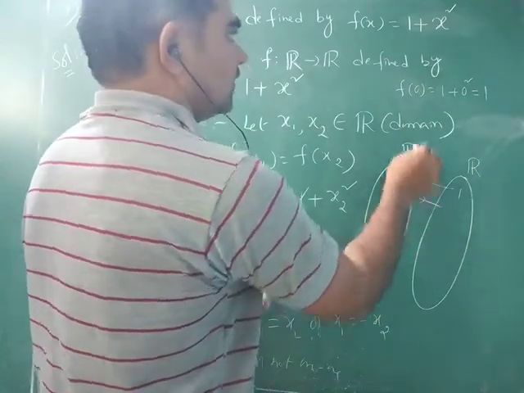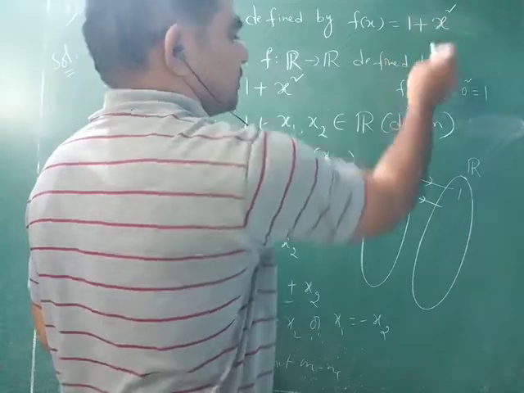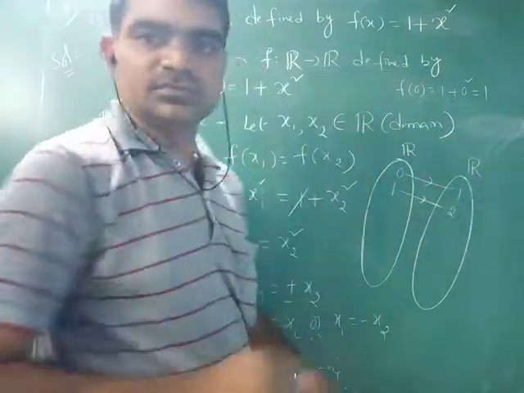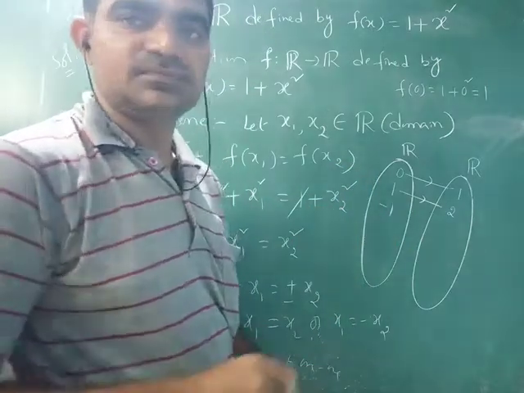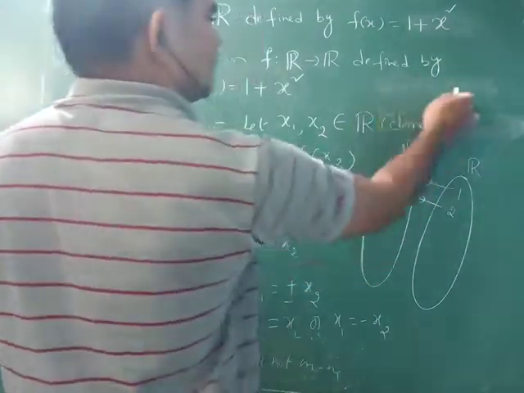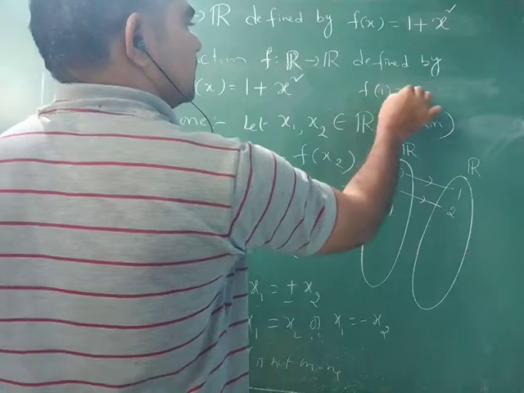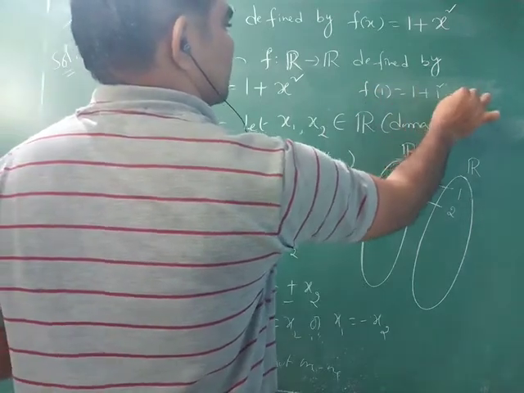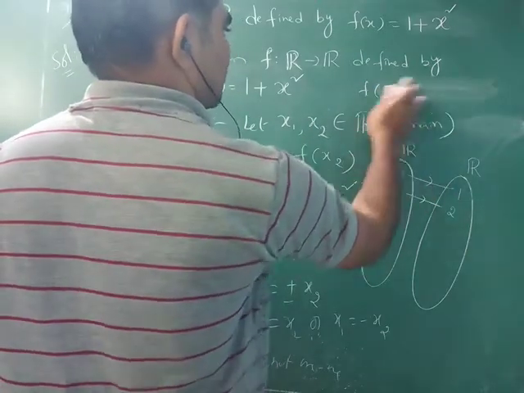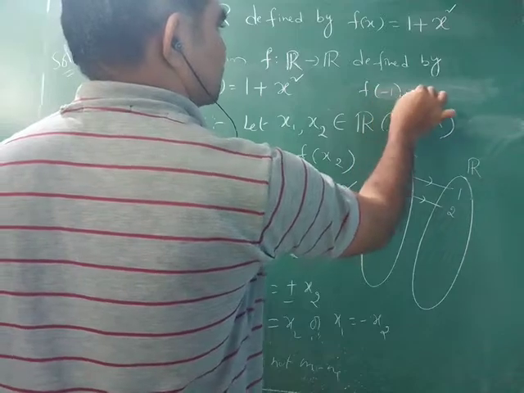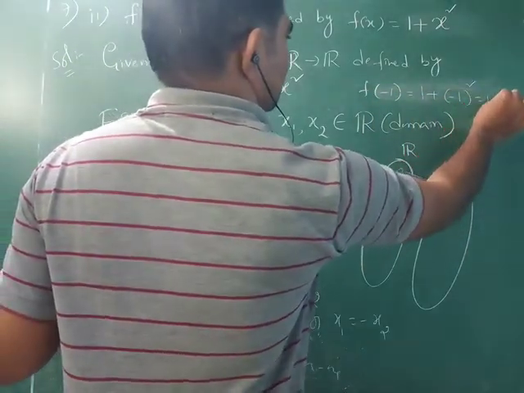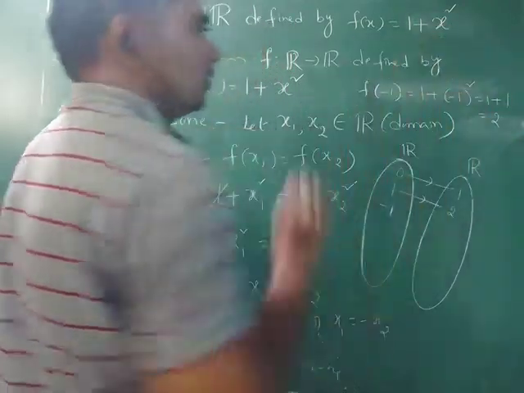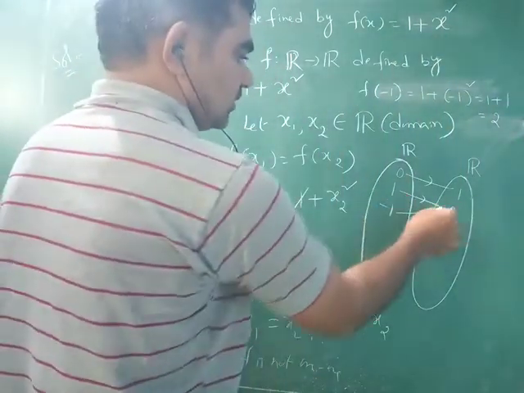For 1, what will we get? 1 plus 1 square is 2. For minus 1, what happened? F of minus 1 is 1 plus minus 1 square, 1 plus 1. How much will you get? 2 only. Correct or not?